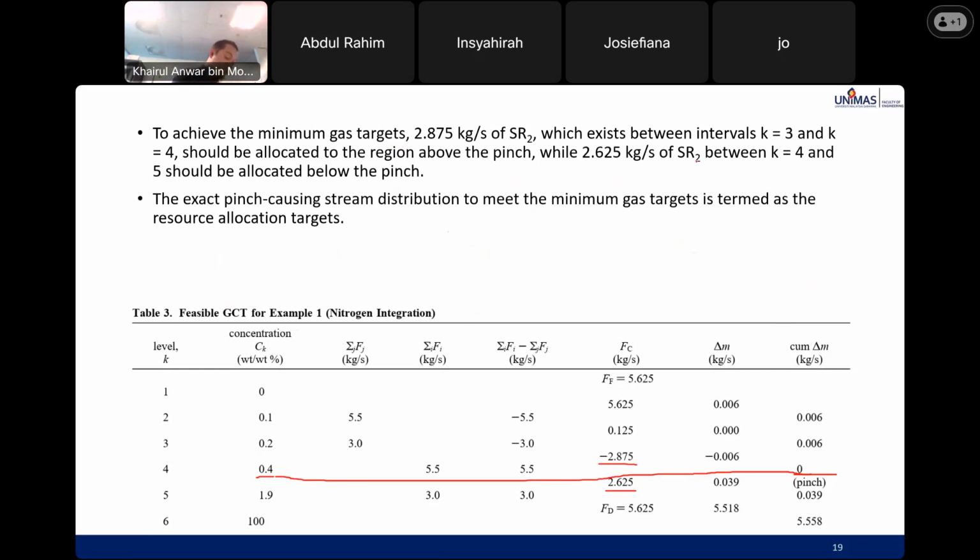If you add 2.875 plus 2.625, it is actually equal to 5 kilogram per second, which is similar to the F2.